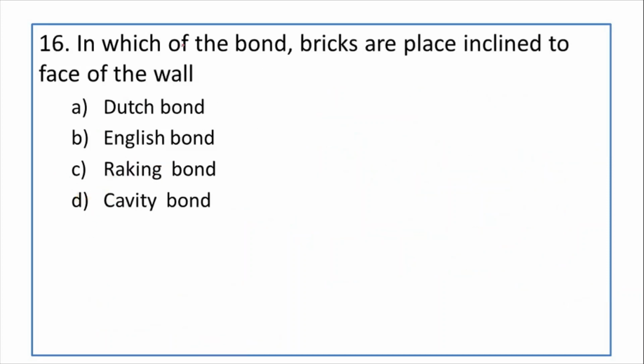The next one, in which of the bond bricks are placed inclined to the face of the wall. Okay, so basically if you take the Dutch bond, it will be almost similar to the English bond, but we will not place the inclined bricks here.